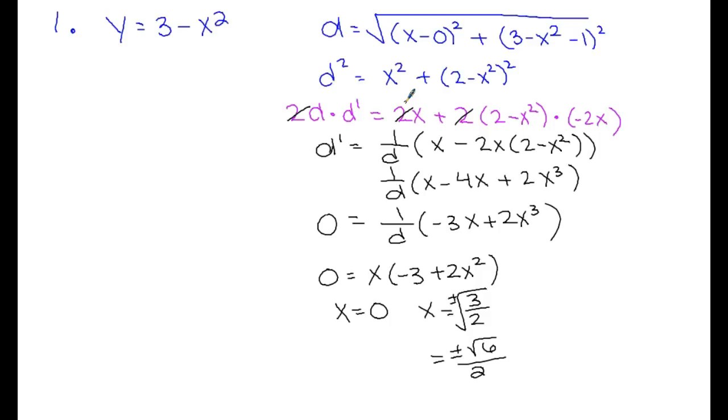Right, because it's going to give you a vertical asymptote absolutely every time. And okay, so my next part: the reason I know it's the positive square root of 6 over 2 instead of the negative is because the point they gave me was 0, 1. If it was 0, -1, it would have been the negative.